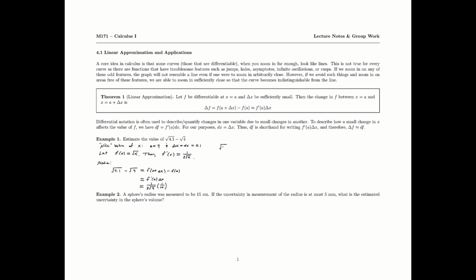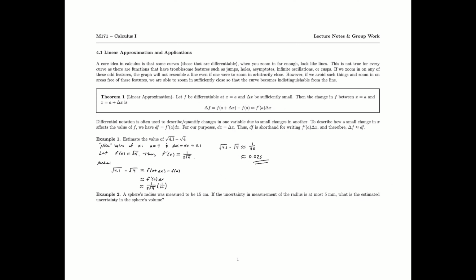Moving up here, square root of 4.1 minus the square root of 4 is approximately equal to, and we can just simplify this, this will become 1/4 times 1/10 is 1/40. Or as a decimal, this would be 0.025. So that's the answer.